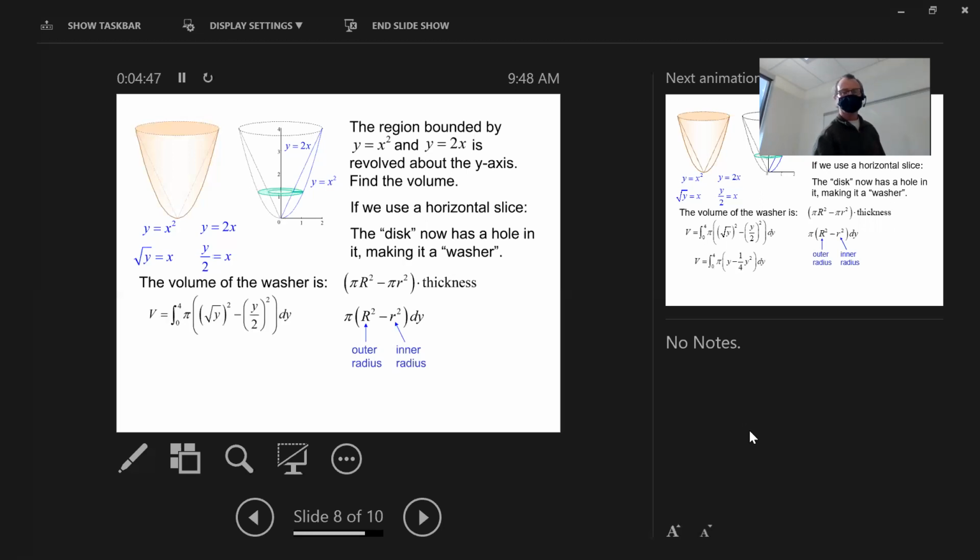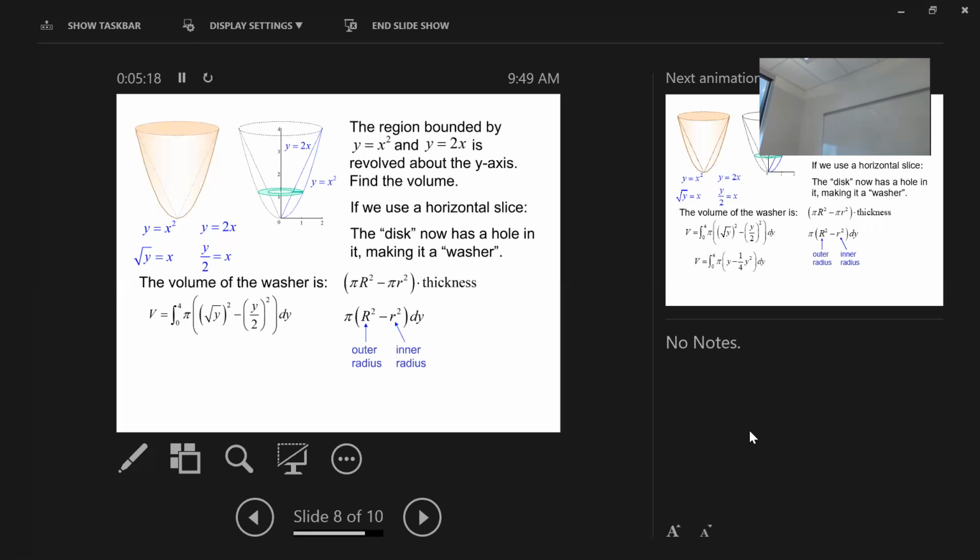So what happened? We're going to do right subtract left. So the outside radius is the curve. The curve is outside the line. Right take away left. So here's the pi. There's big R, which is really what? It's root y take away 0.